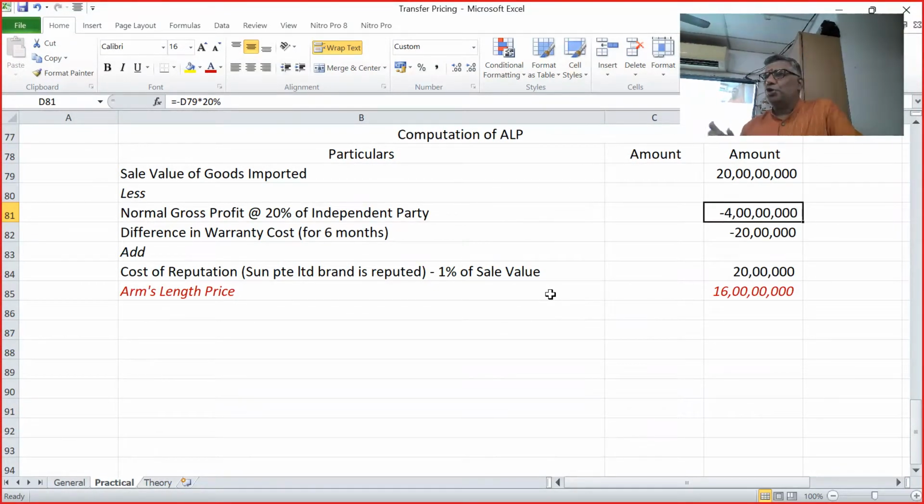My profit should not be less. Direct cost plus indirect cost plus normal gross profit margin. Had I sold it to an unrelated party, what would have been my GP? I should have earned that.